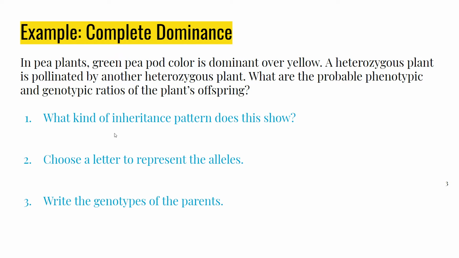So let's talk about different inheritance patterns. The first one is the easiest, and it's one that most of us know: complete dominance. In pea plants, green pea pod color is dominant over yellow. A heterozygous plant is pollinated by another heterozygous plant. What are the probable phenotypic and genotypic ratios of the plant's offspring?